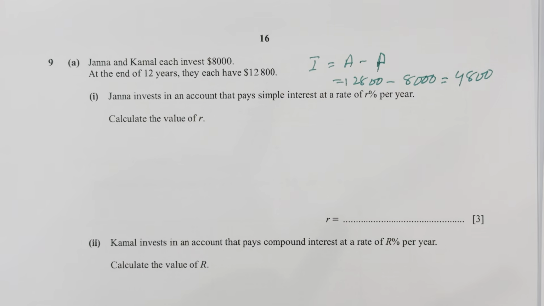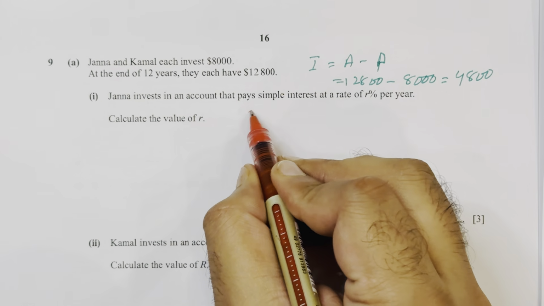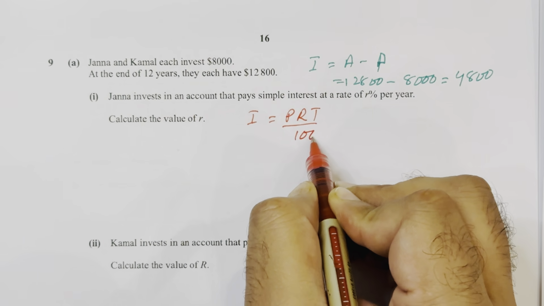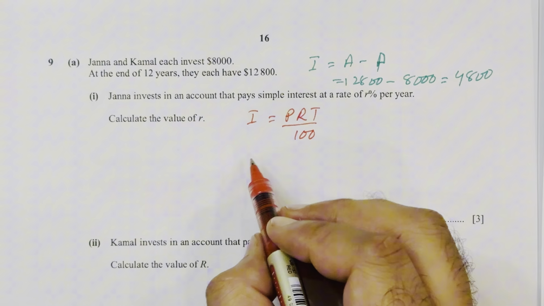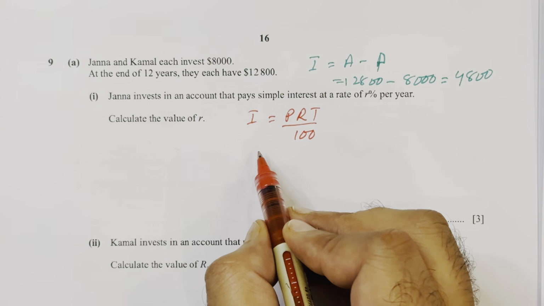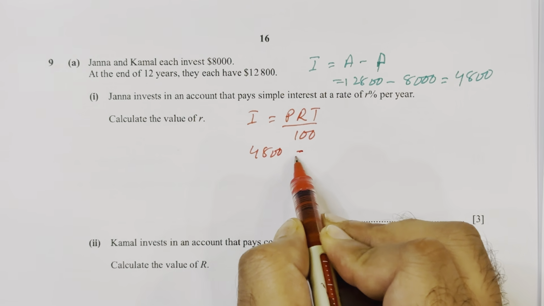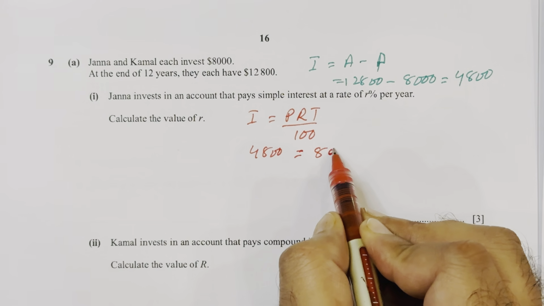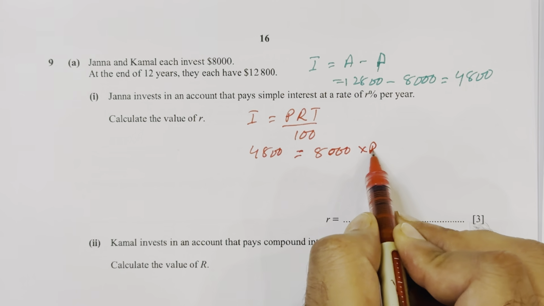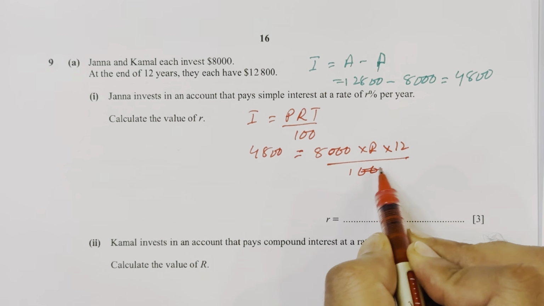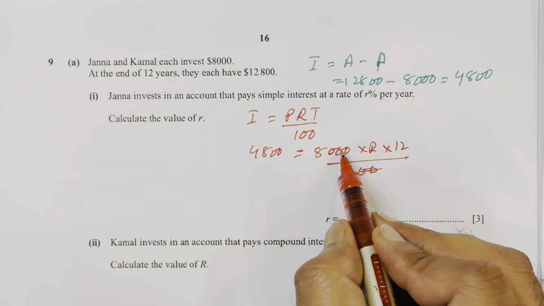Now we can apply the formula I is equal to PRT over 100, and we need to calculate the value of R. So I is equal to 4,800 and it would be equal to 8,000 into R into time period, which is 12 years, that's why we put 12, over 100.